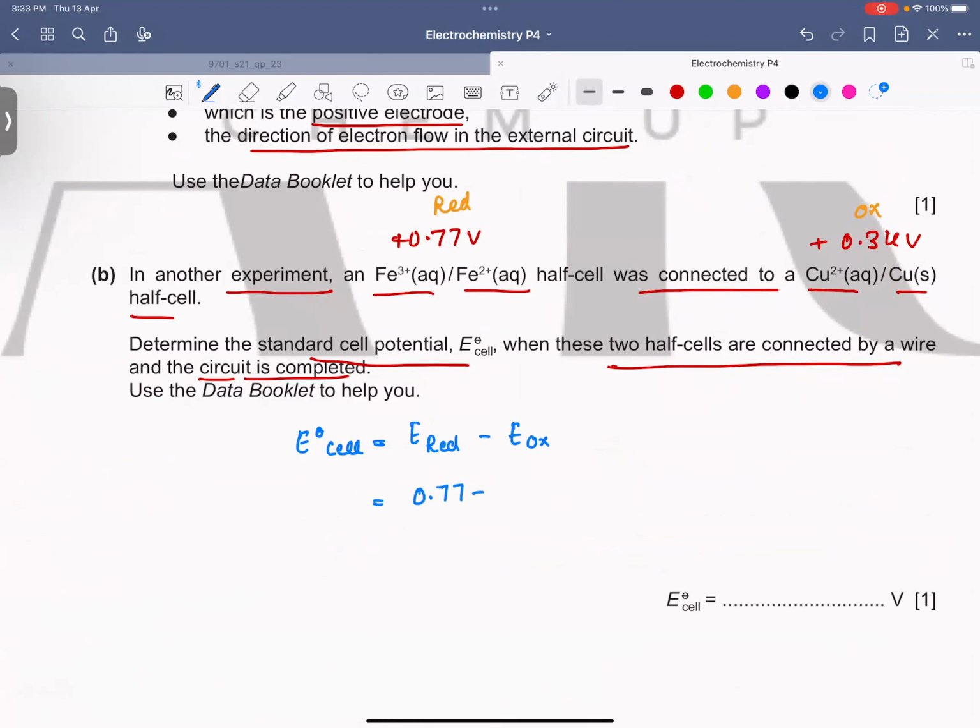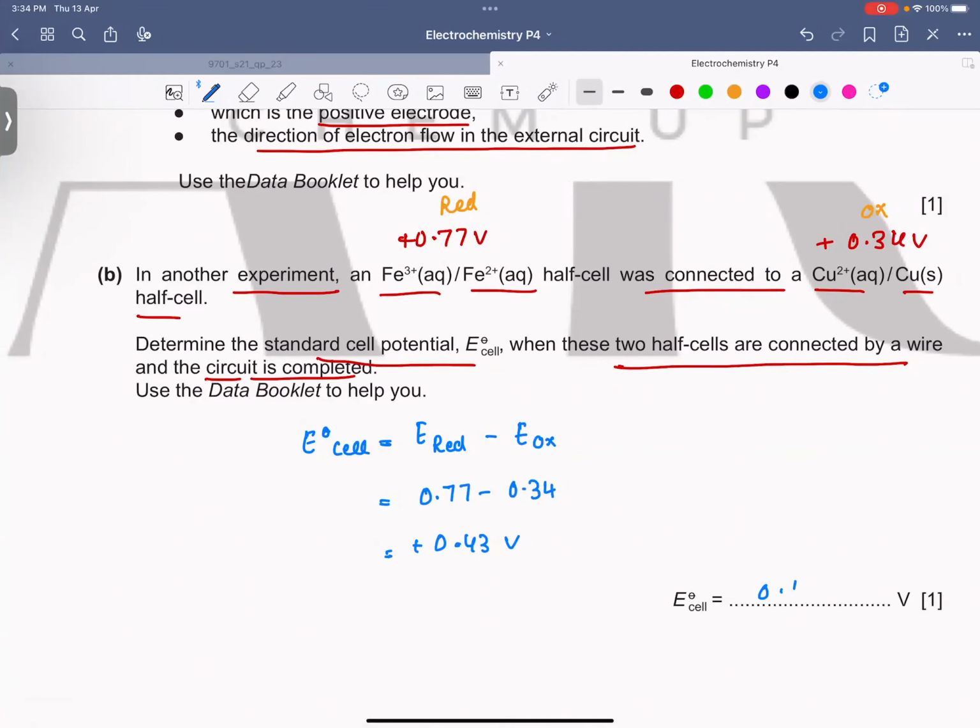So 0.77 minus 0.34. So isn't it positive 0.43 volt? Yes, is this understandable to everyone? Is it clear to everyone up to here?